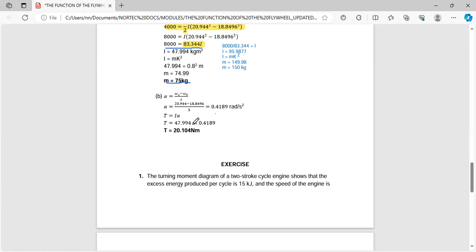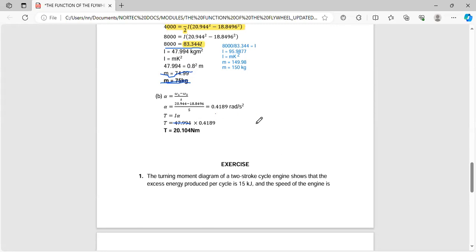Then comes T is I alpha. Our I is not this value you are seeing here, but this other one that we have up there. We're saying our I is actually 95.9877.